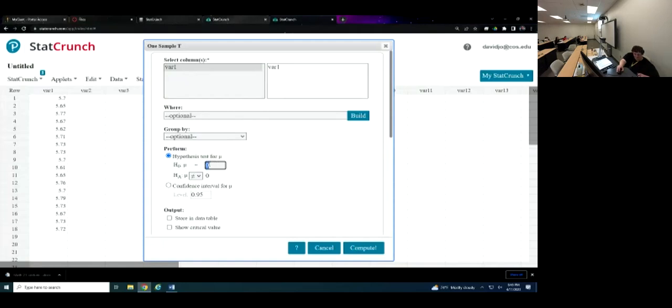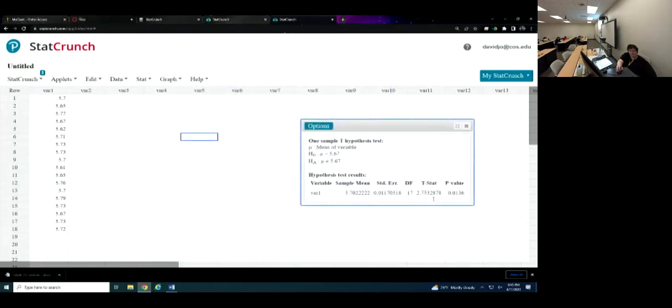We are checking for 5.67 grams or not 5.67 grams. And it gives me my T-stat and my p-value. My T-stat is 2.753, and my p-value is 0.0136.